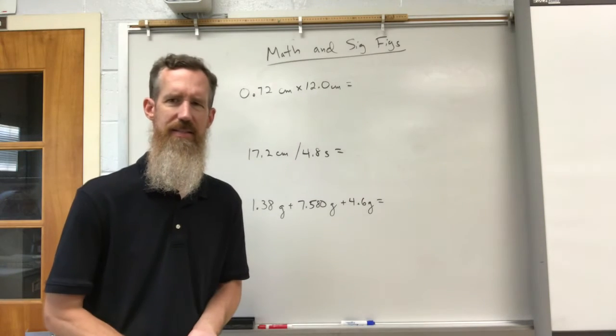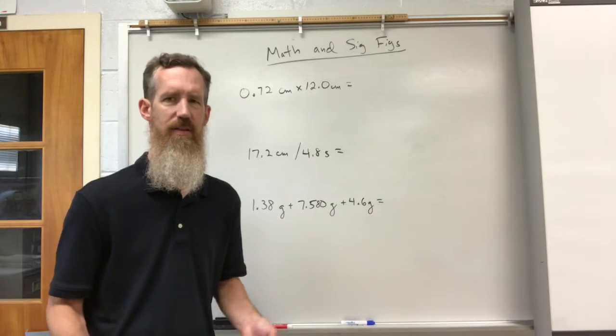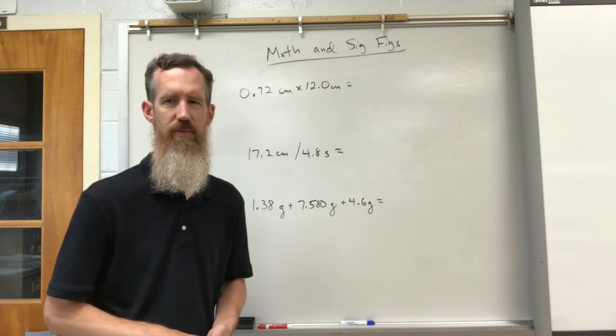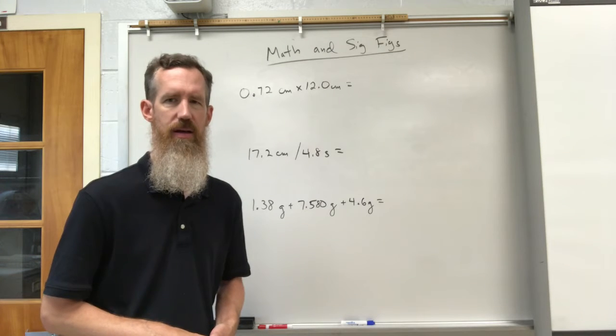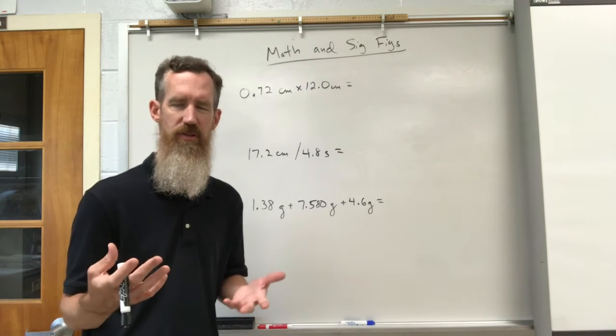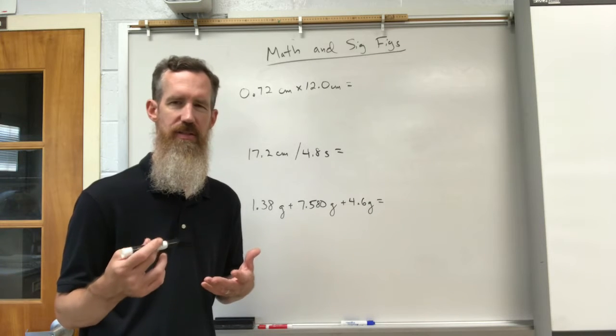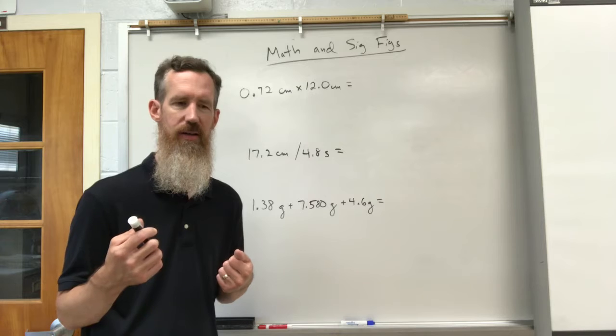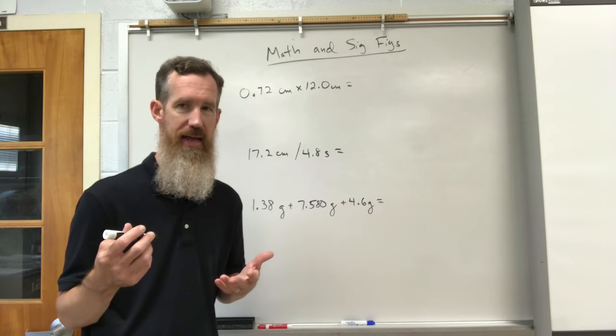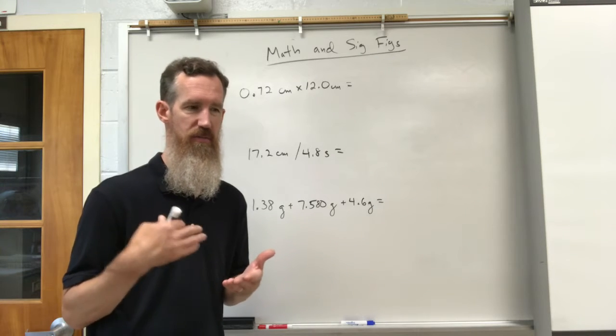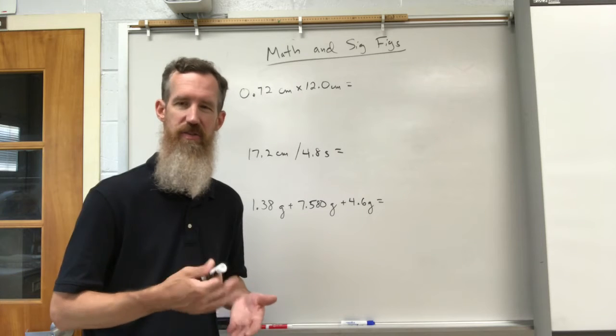All right, last little bit of significant figures. These are basic examples, but it goes through the process. If you have multiple units or you're doing math problems with multiple dimensions, you're going to have values being multiplied, divided, added, or subtracted.